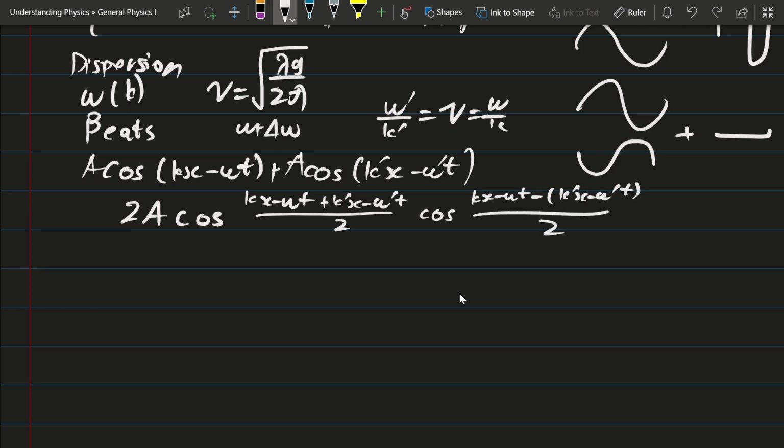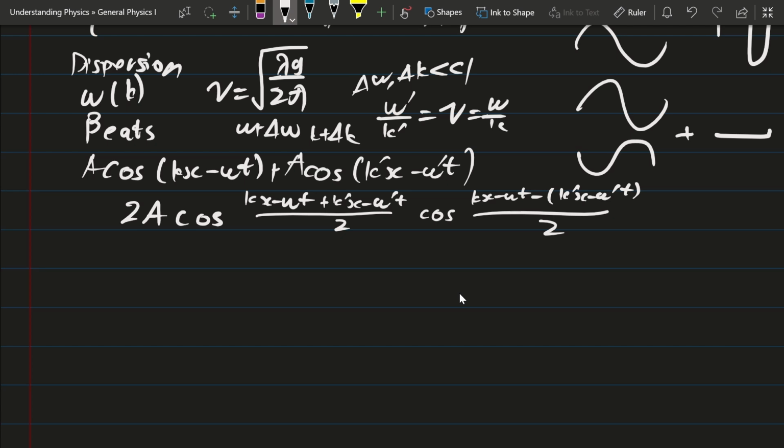That is what you get from the mathematics of cosine plus cosine. If you see here again, I will just assume omega plus delta omega and k plus delta k. We will just assume that delta omega and delta k are very small.